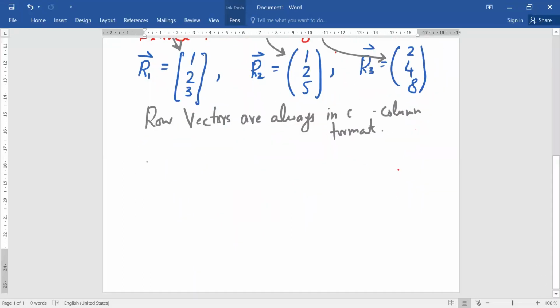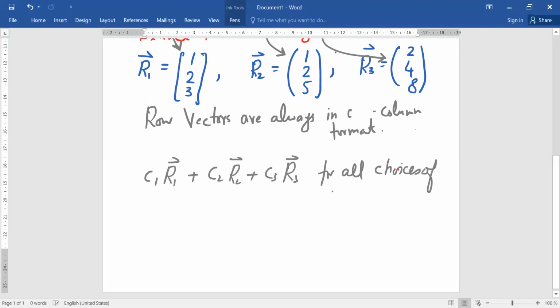So I'm now going to make C1 times R1, plus C2 times R2, plus C3 times R3. If I do this for all choices of C1, C2, and C3, I will make a row space.